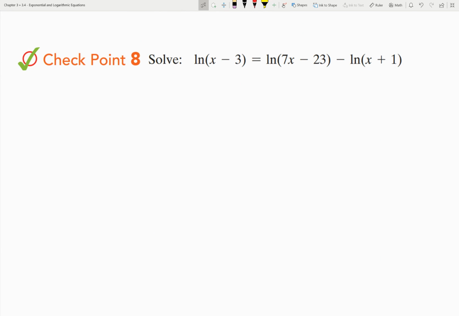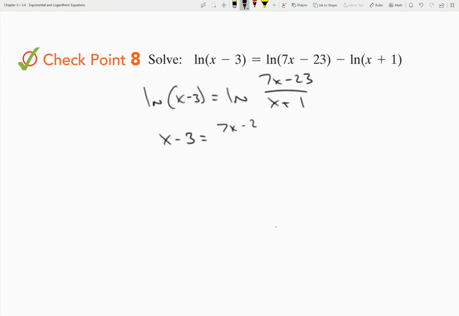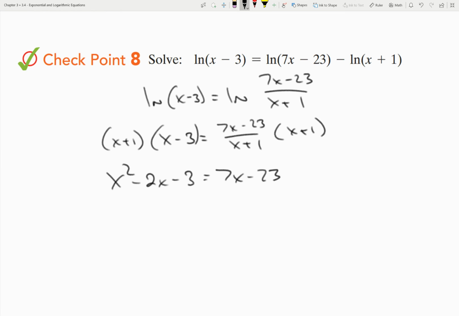One more of these. Again, natural log of x minus 3 is equal to the natural log of 7x minus 23 over x plus 1. I'm going to put these together. Now I can say that x minus 3 is equal to 7x minus 23 over x plus 1. I'm just going to multiply x plus 1 times both sides. I'm going to FOIL that together. X squared plus x minus 3x, so that's minus 2x minus 3, equals 7x minus 23 on the right.